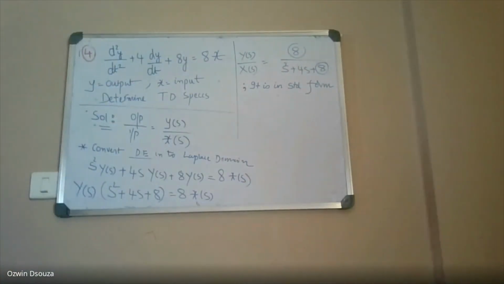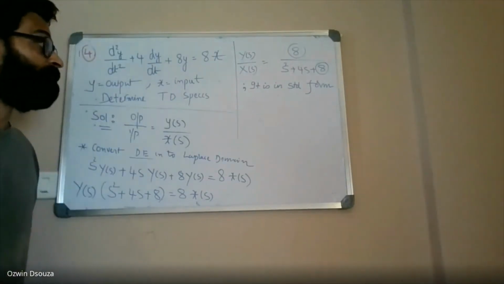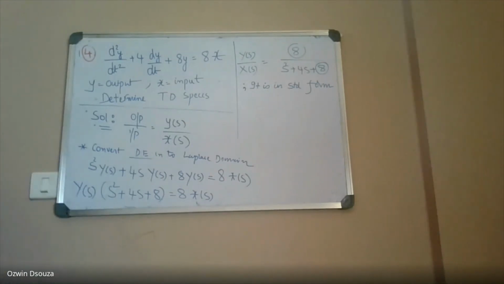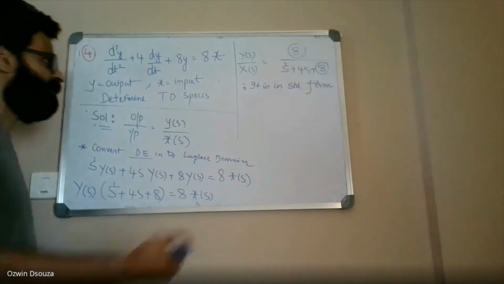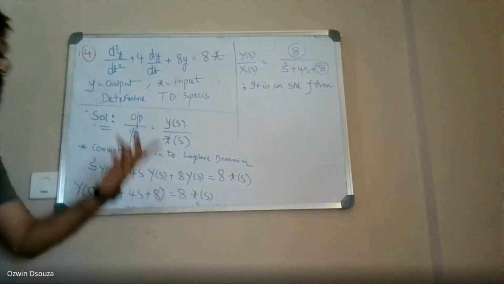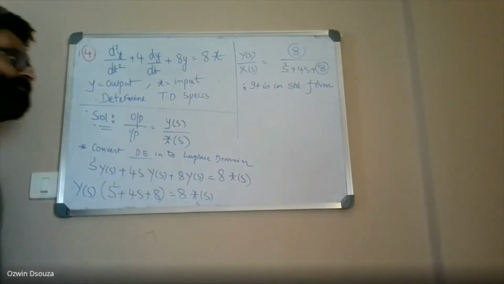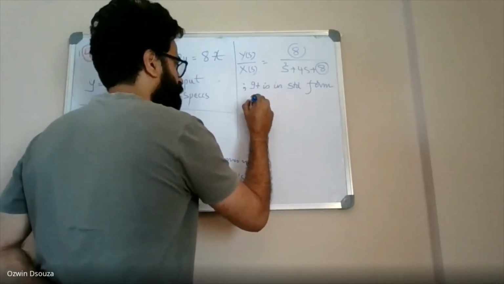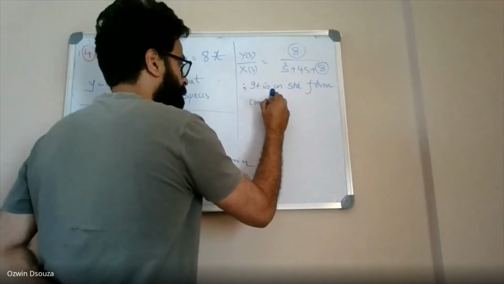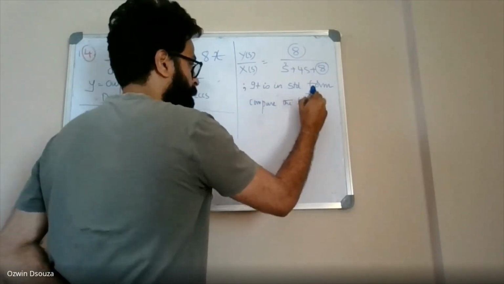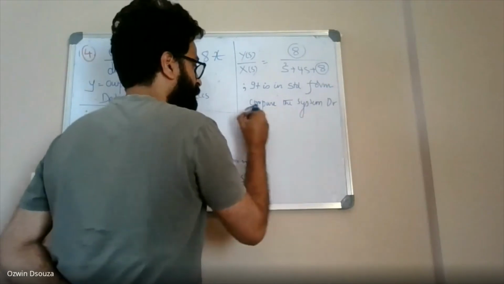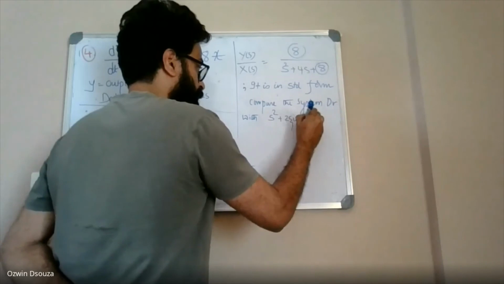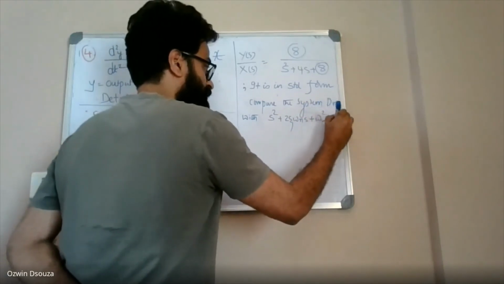Once you find that the given transfer function is in standard form, you can directly apply the time domain results, as in TR, TP, and even directly write the C of t expression. Just compare the system denominator with s square plus 2 zeta omega n s plus omega n square equal to 0.